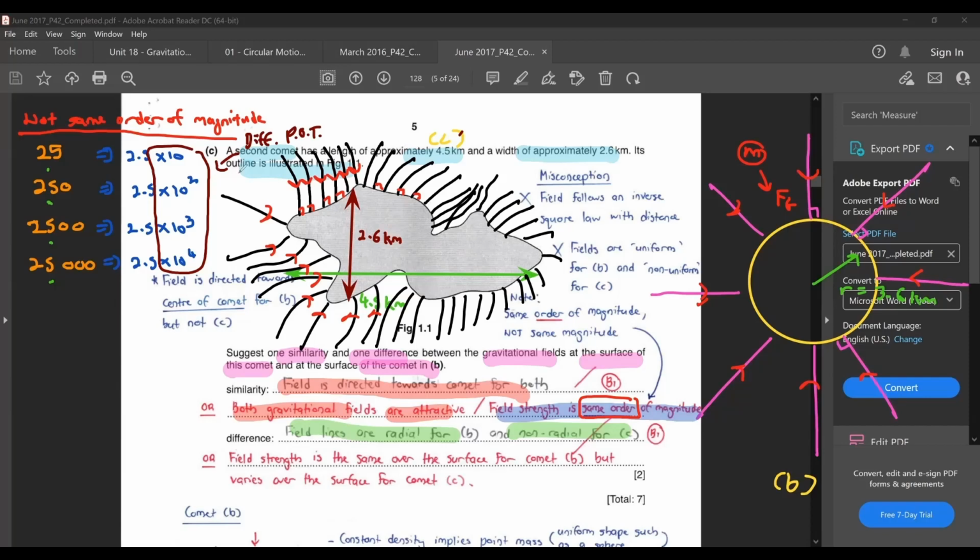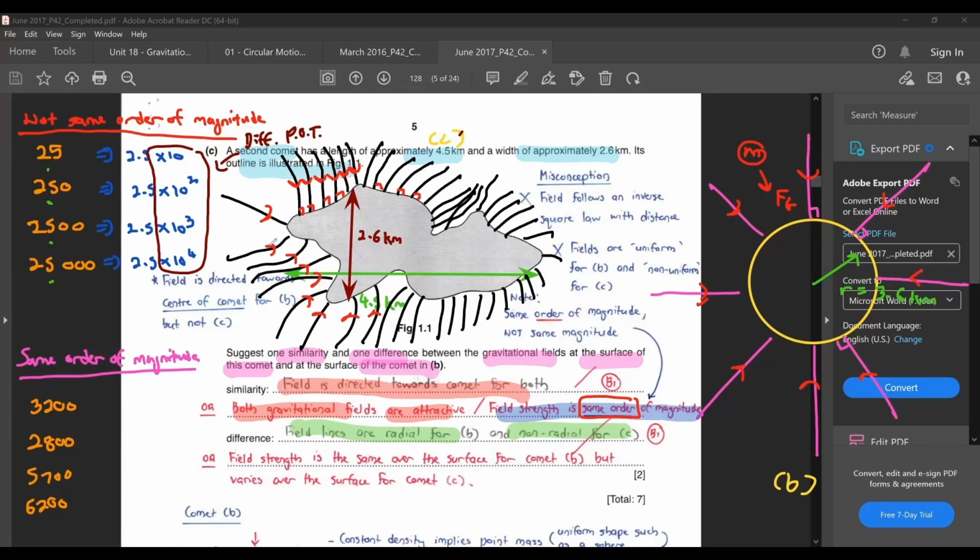Now, if you have the same order of magnitude, it's something like this. Let me just write this out. It could be something like this, where I tell you you have maybe 3,200, 2,800, 5,700, and then maybe, for example, 6,200.